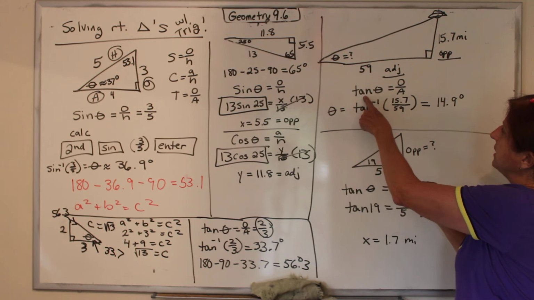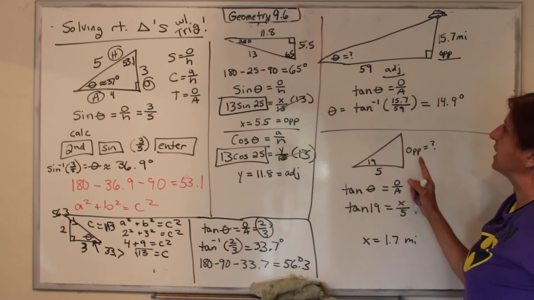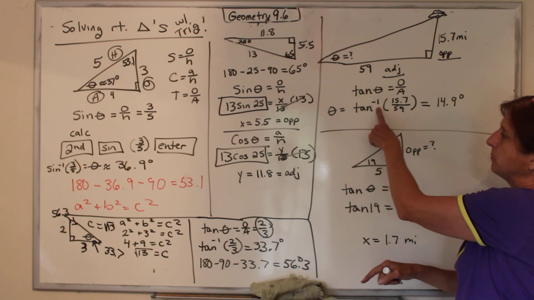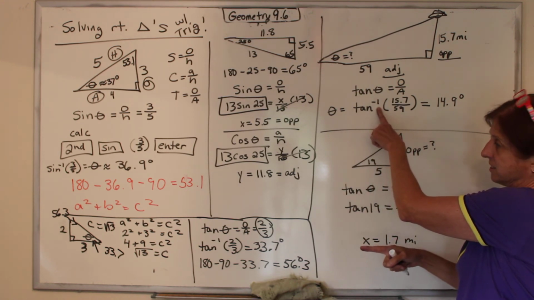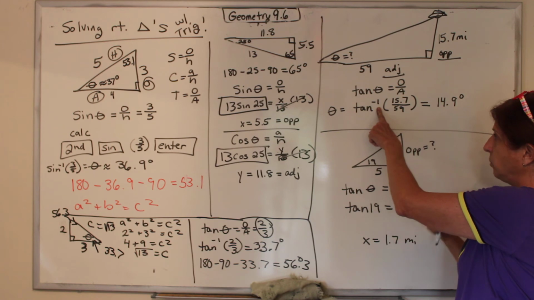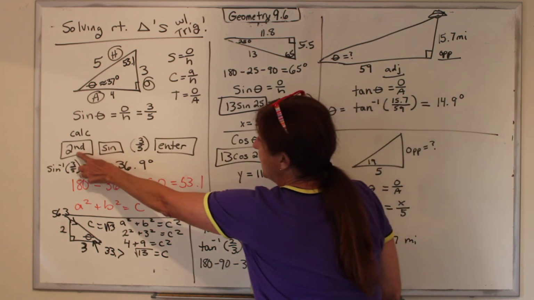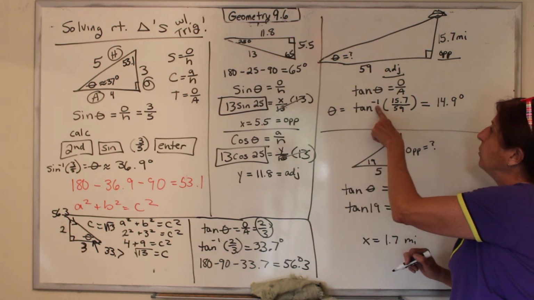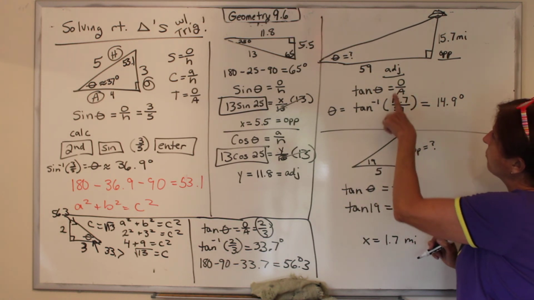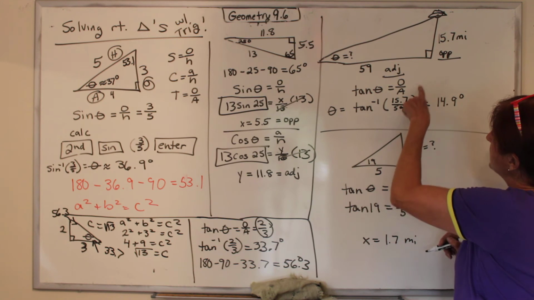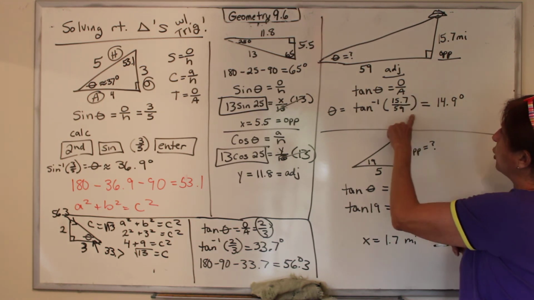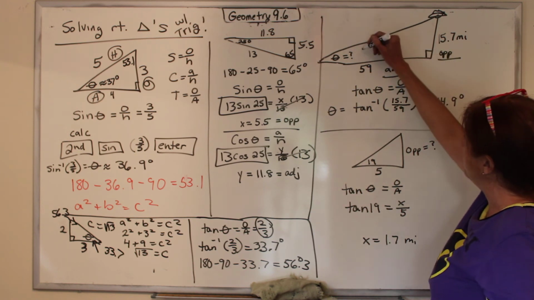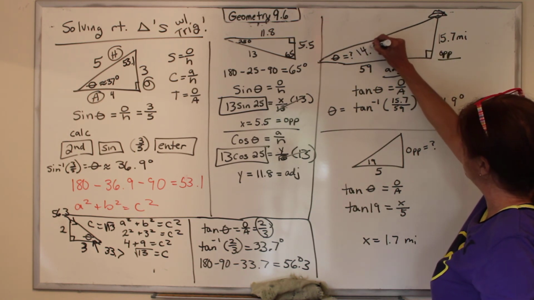So we want the tangent of theta is opposite over adjacent, but we're solving for the angle. So we do the opposite, which is taking the inverse, which means we do this second tangent. Do second tangent, get that little negative 1 there, and for your fraction, put 15.7 divided by 59, close the parentheses, hit enter, and you will get that theta equals 14.9 degrees.